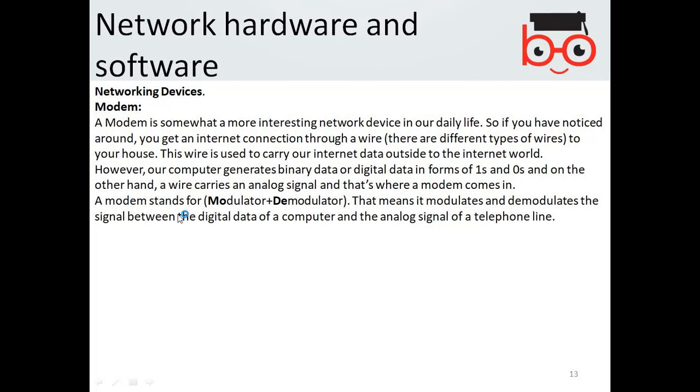A modem stands for modulator and demodulator. That means it modulates and demodulates the signal between the digital data of a computer and the analog signal of a telephone line. Basically, the telephone line is the analog device. So it encodes and decodes analog data to digital data and digital data to analog data.